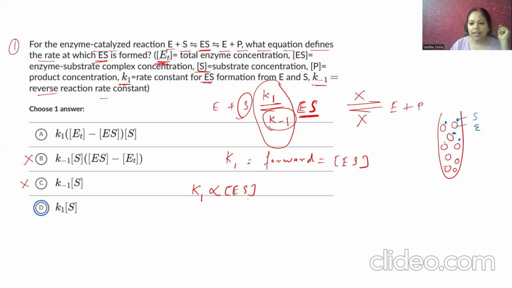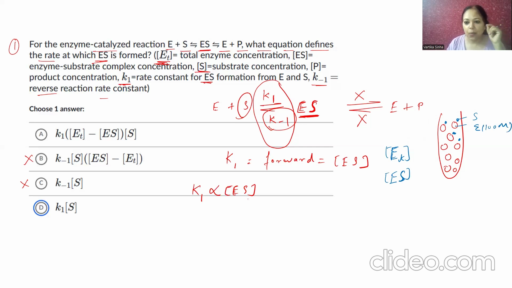So the total concentration of the enzyme, ET, is a different value, the maximum value of the enzyme. But the concentration of the enzyme which is bound with substrate is different. Got my point or not? Let's say we have taken 100 molar of enzyme at the start of the reaction.